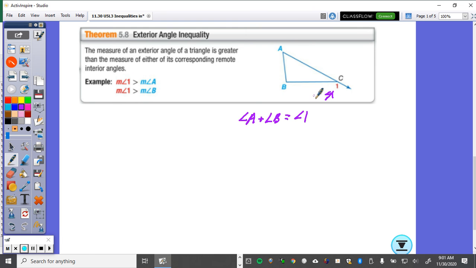It says that this angle right here is equal to the opposite angles added together. So this angle plus this angle equals this angle. That's important for you to remember, because then, just like we did with 2 plus 3 equals 5, angle A is less than angle 1, and angle B is also less than angle 1. Does that make sense?